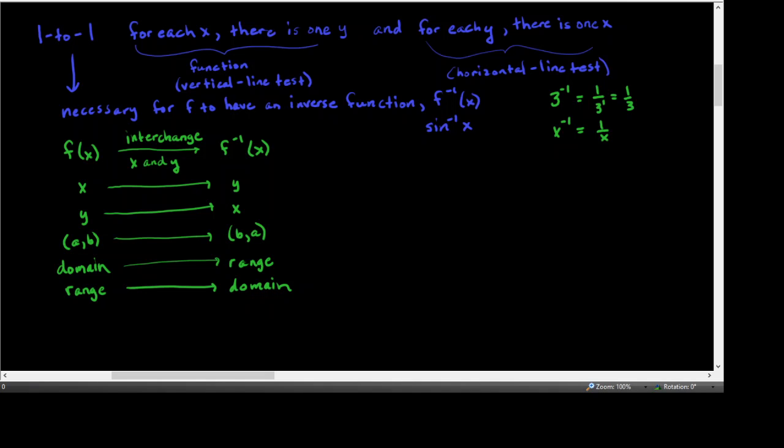Okay. And a side note about this switching of the ordered pairs is that if you graph a function, let me just graph one really fast here. Let me decide what I want to graph first, though.